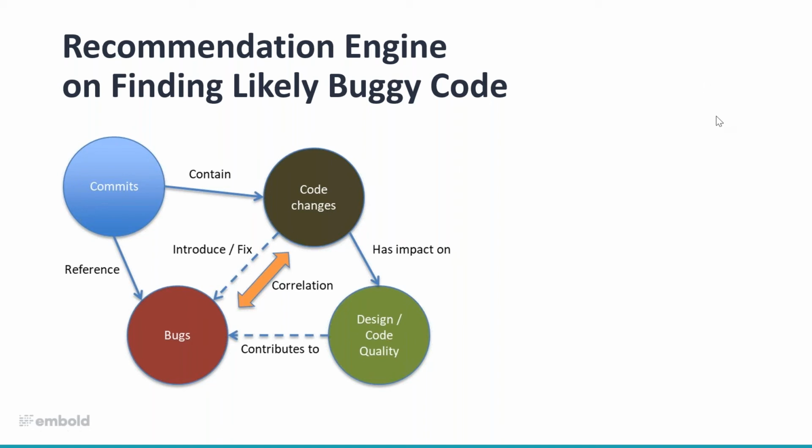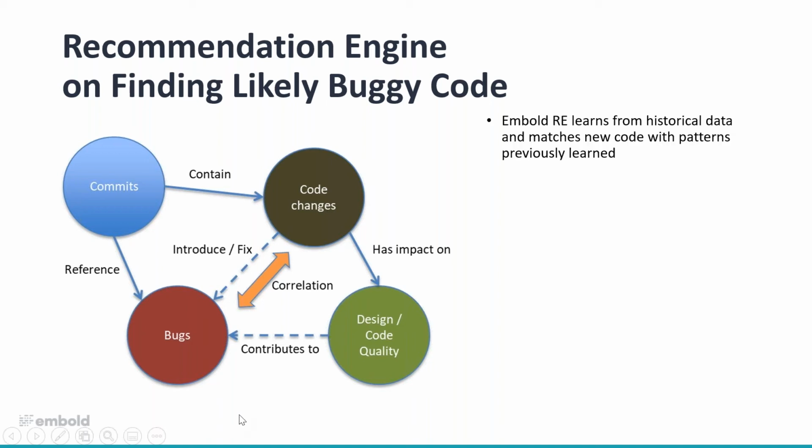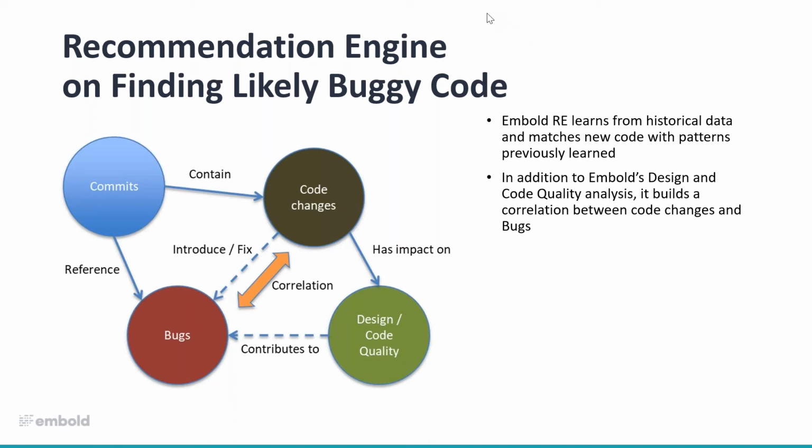From this diagram, we can see that every code commit has code changes, and it also refers to some bug, if we use an issue tracking system like Jira or whatever, so we can see the correlation. From this, we try to extract historical data and match new code with patterns which we previously learned.